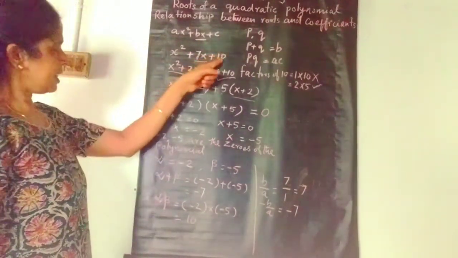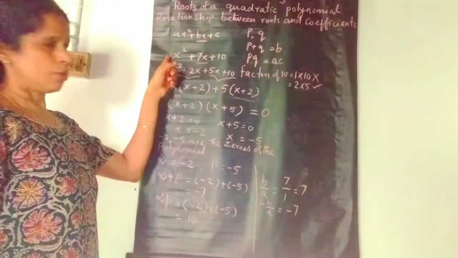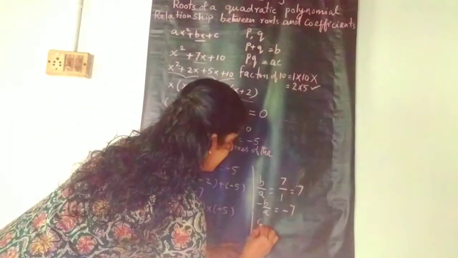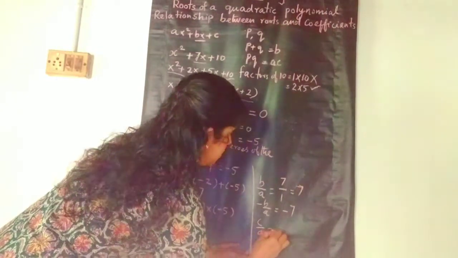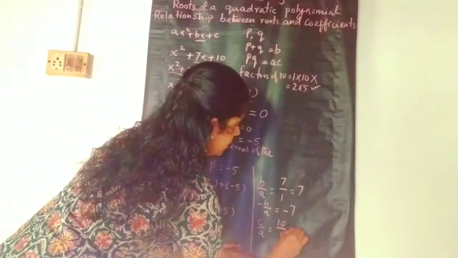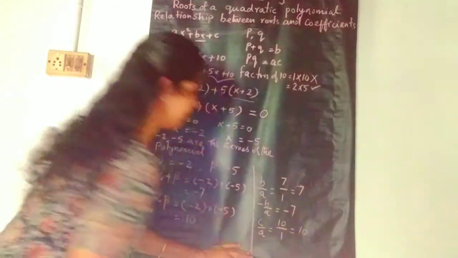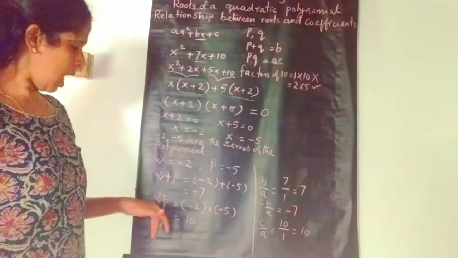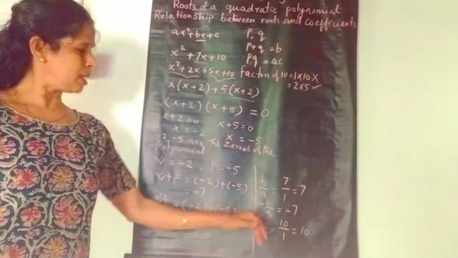So here you can see the constant by the coefficient of x square, c by a. What is c here? 10. a is 1, that is equal to 10. So both are 10.